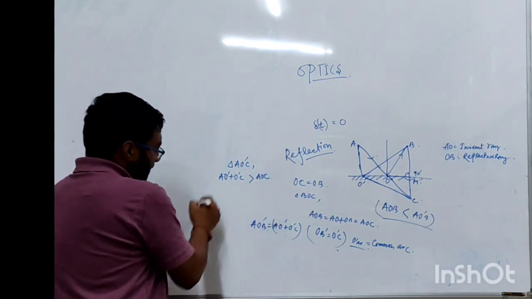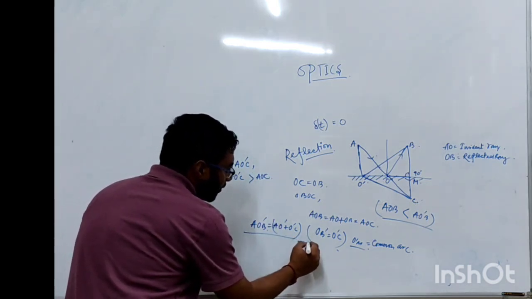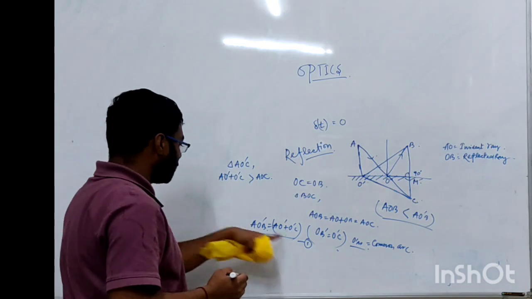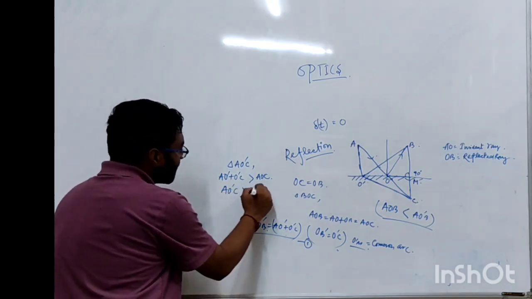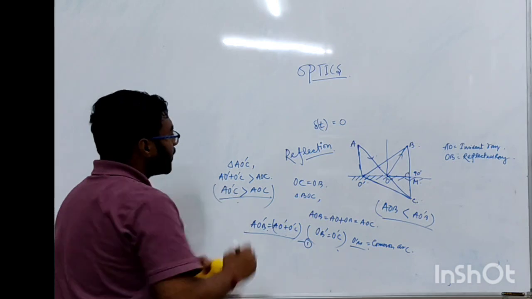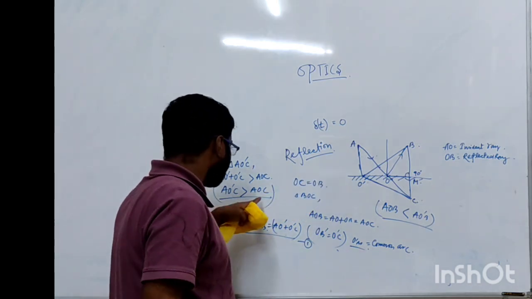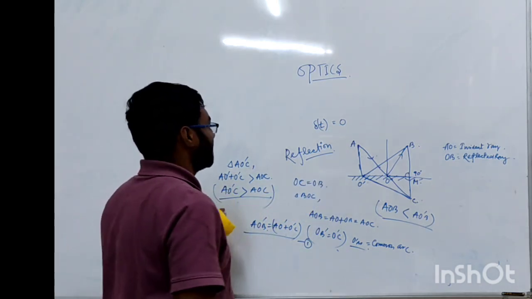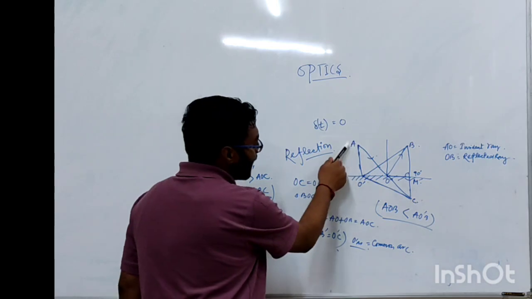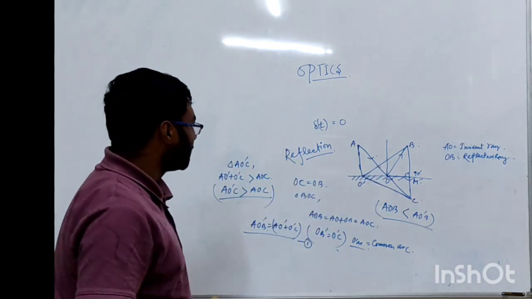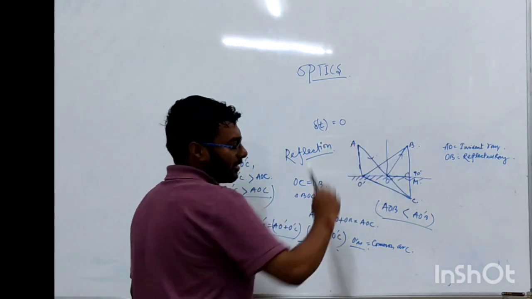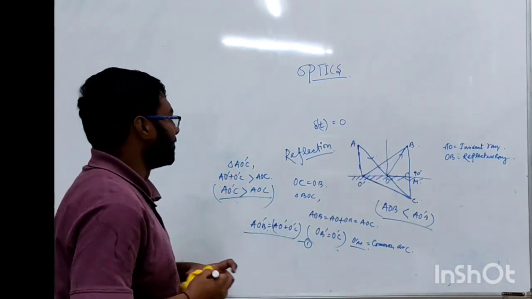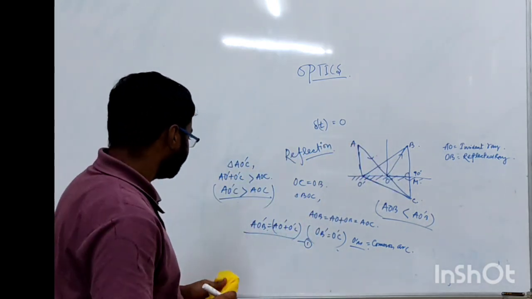So from equation number 1, we can prove that any path other than AOB should be greater. So light should travel along AOB. This is Fermat's theory, and we have proved this theory.